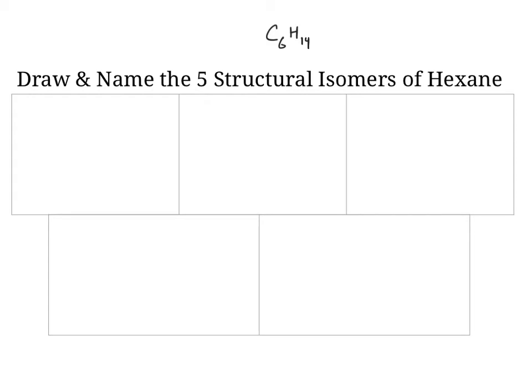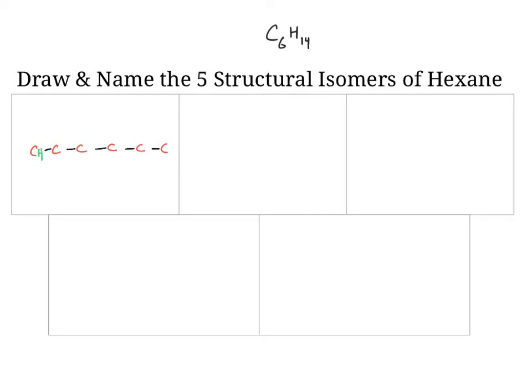So what I'm going to do is I'm going to start with what would be the easiest, and I'm going to draw the structural isomer that is just hexane. So I'm going to go 1, 2, 3, 4, 5, 6 carbons long. I'm going to single bond each of them together. And then I'm going to go back and I'm going to add hydrogens so that each carbon has 4 bonds.